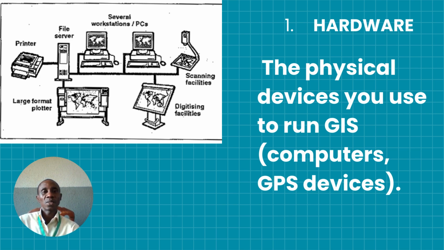You have the computers, the GPS devices, the scanning system. You have the printers you use, the plotter, the digitizer. And the plotter is used to produce hard copies of maps. Those are the physical things you use.